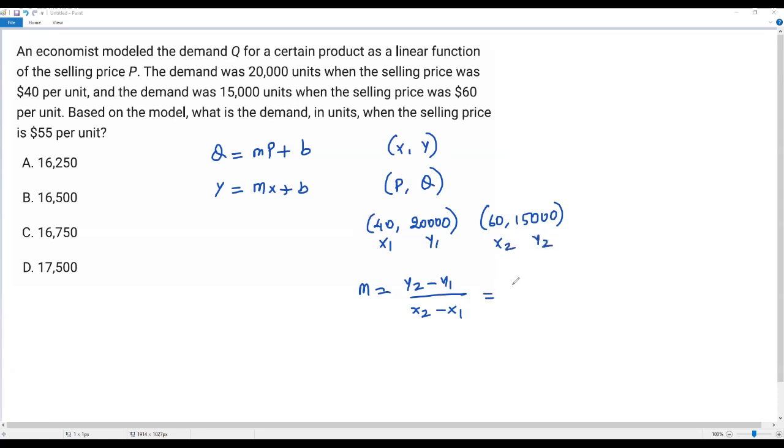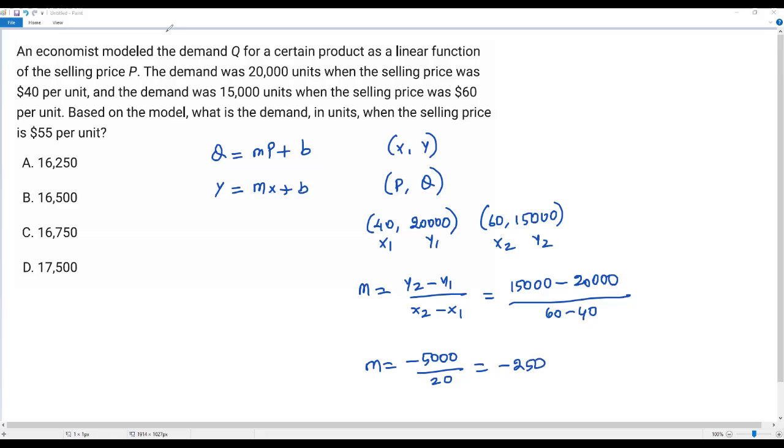So m equals 15,000 minus 20,000 over 60 minus 40. Simplifying, I get negative 5,000 over 20. Dividing 5,000 by 20 gives 250, so with the negative sign, it is negative 250.